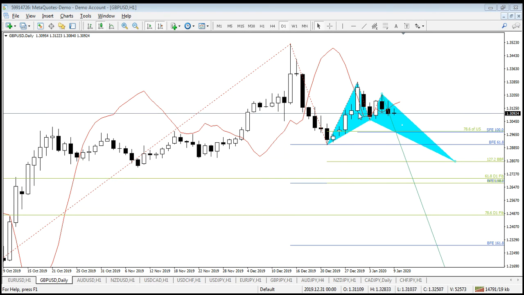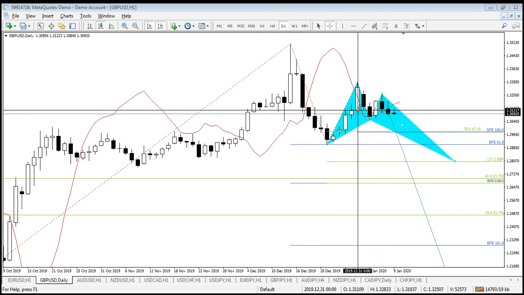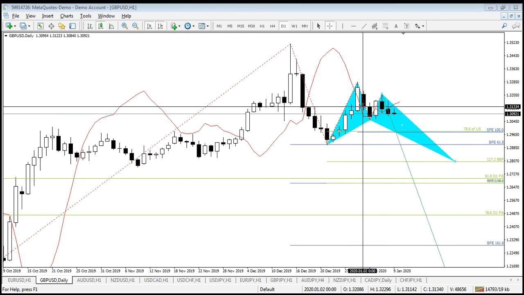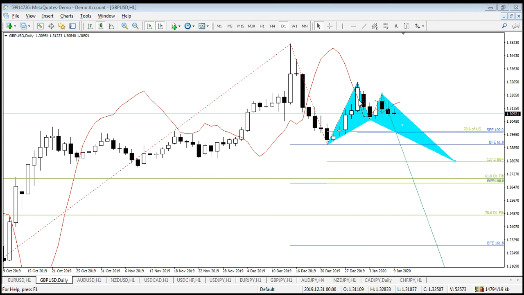The only contradiction to my sell scenario, which I had initially discussed in the video made on January 2, was this bullish candle which closed above this MACD predictor, and this was contradicting my bearish scenario. Now price has come below the MACD predictor. Yesterday closed below the MACD predictor, so there is no contradiction to the bearish scenario. So now we simply have to look at the speed and determine the next target.